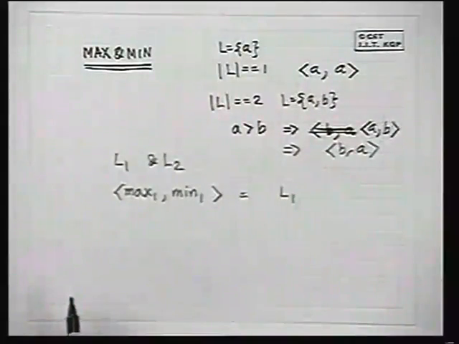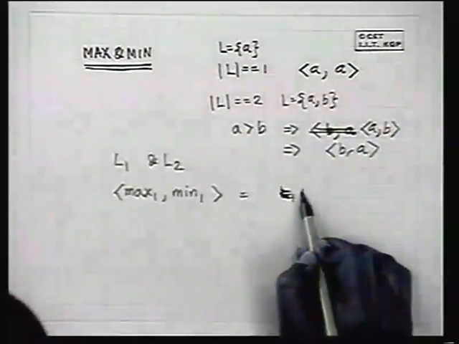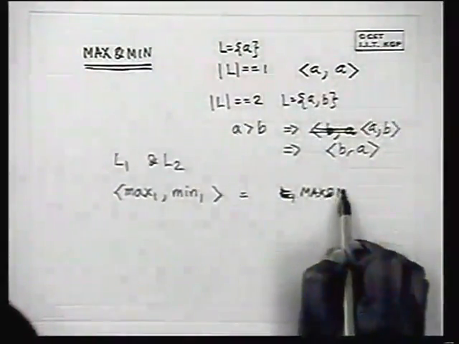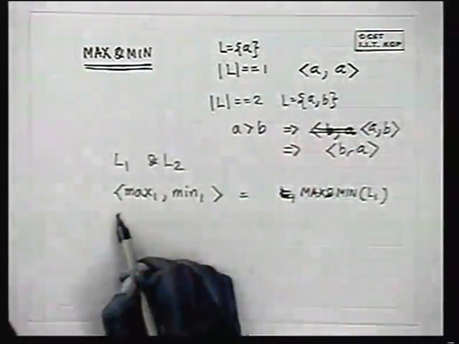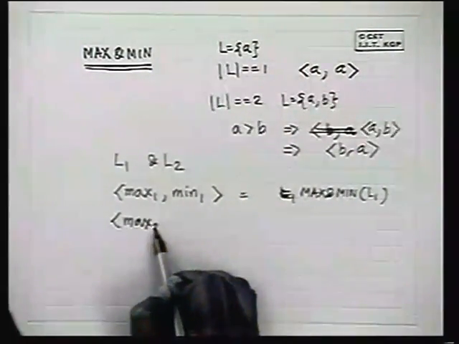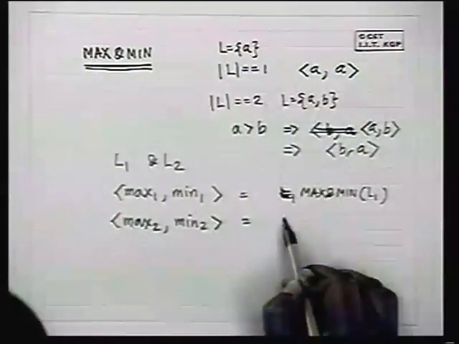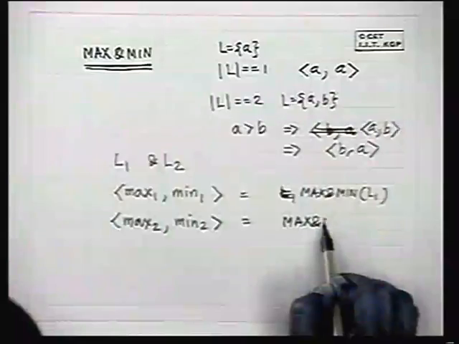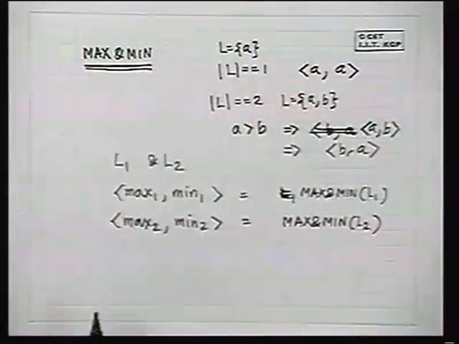You recursively solve max and min of L1 to get max 1 min 1. You recursively solve max and min of L2 to get this.